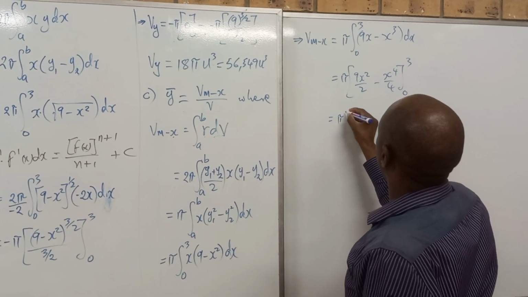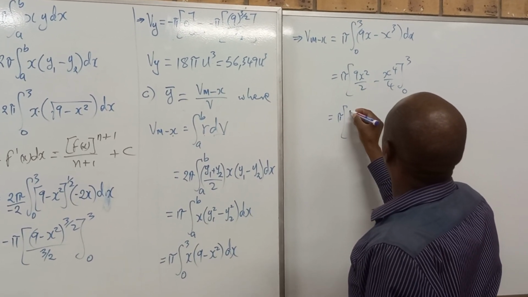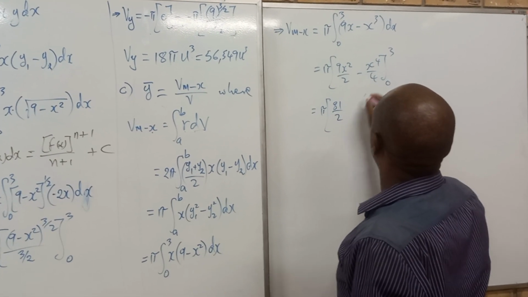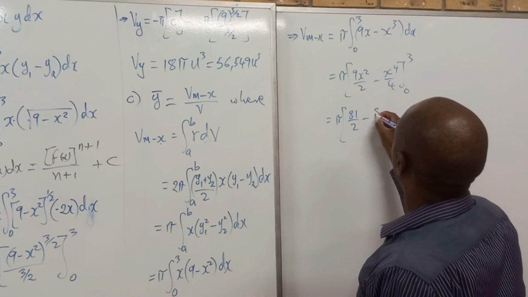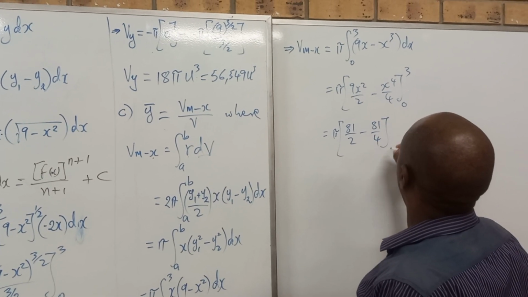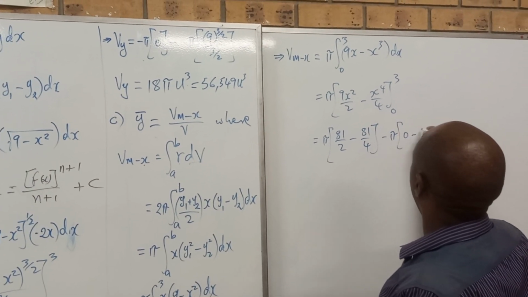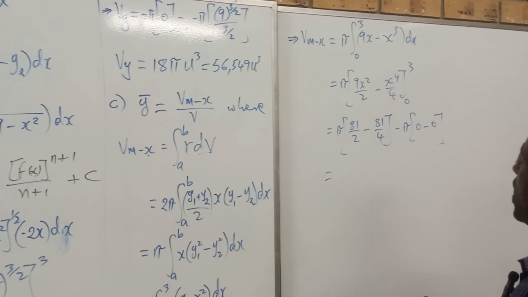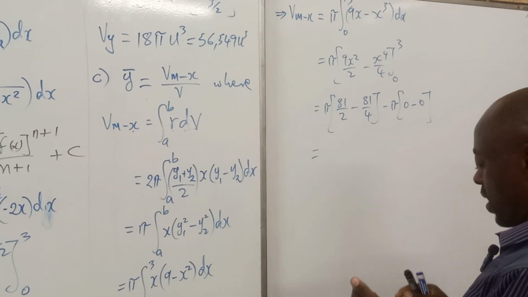Then you substitute your upper limit. If you put 3 there, 3 squared is 9, 9 times 9 is 81 over 2, minus 3 to the power 4, which is 81, over 4. Then your lower limit is 0. Then that gives you 81 over 2 minus 81 over 4, times pi.